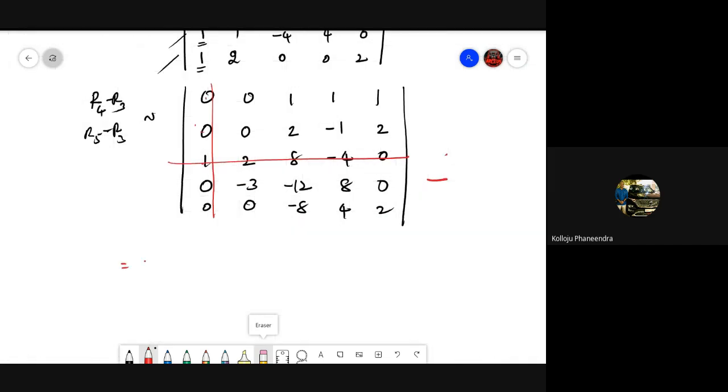So this is 1 into the remaining 4 by 4 matrix determinant: 0, 1, 1, 1, 0, 2, minus 1, 2, minus 3, minus 12, 8, 0, 0, minus 8, 4, 2.